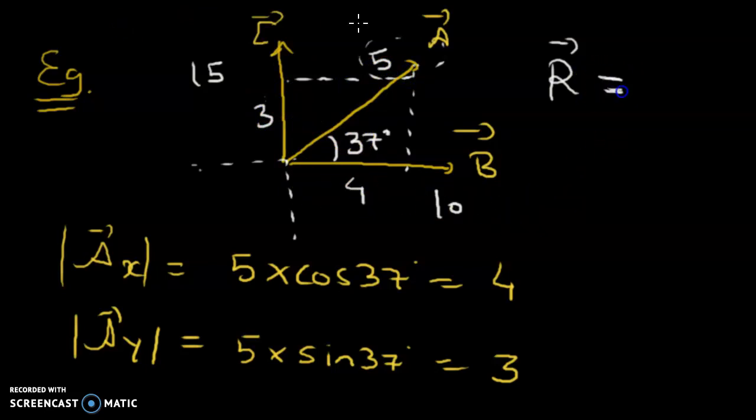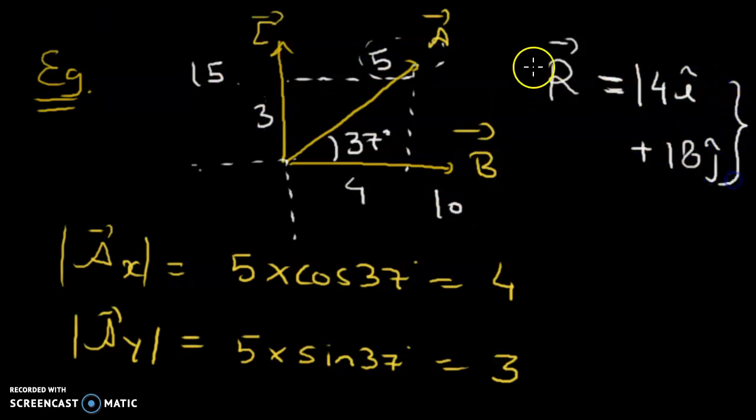So the resultant r has horizontal component 10 plus 4, which is 14 i cap, and vertical component 15 plus 3, which is 18 j cap. I can write vector a as 4i cap plus 3j cap.